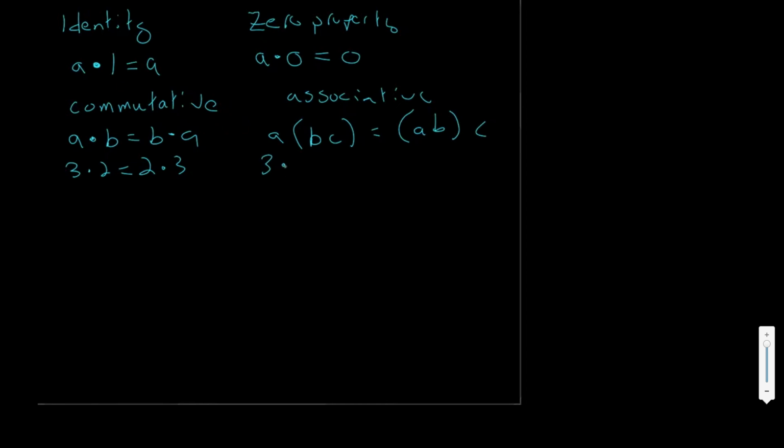So if I have 3 times 4 times 5, and I say I'm going to multiply these first, 4 times 5 is 20, and 3 times 20 is 60. Well, someone else can say, you know what, I'm going to multiply 3 times 4 first, times 5, and that's 12. Well, 5 times 12 is 60.